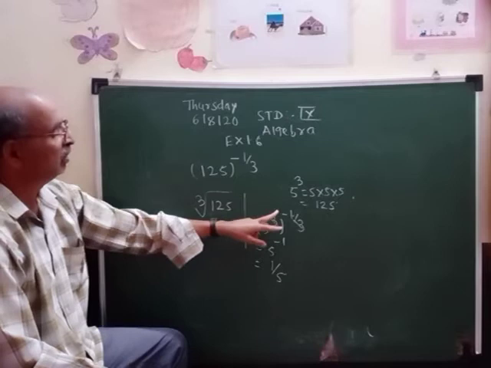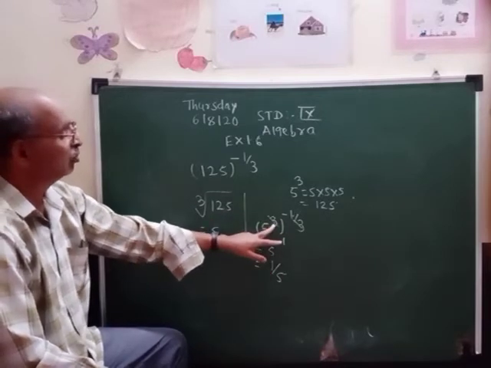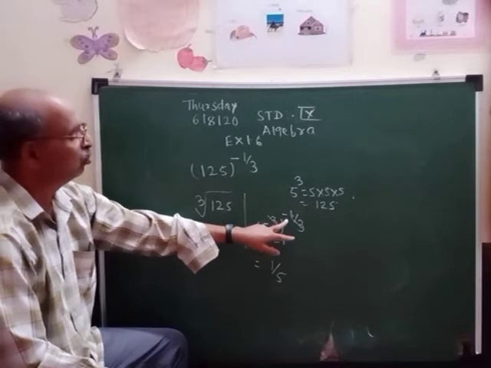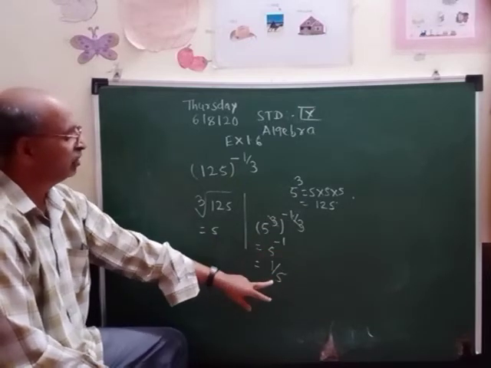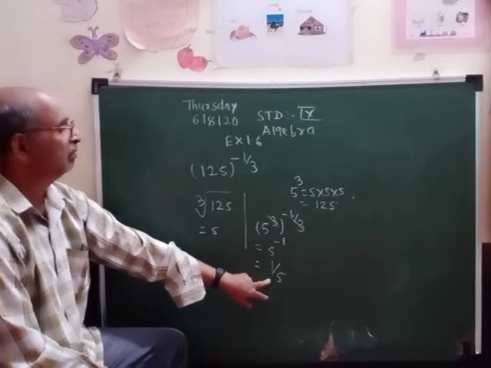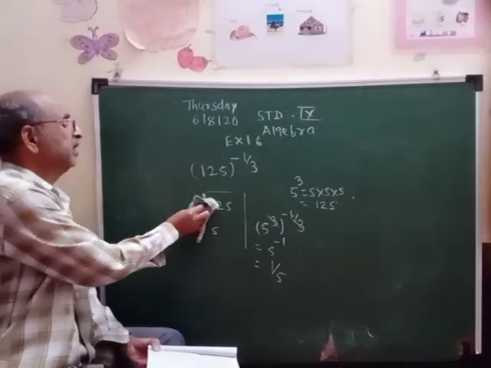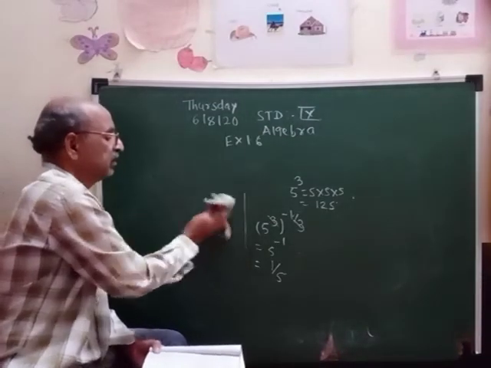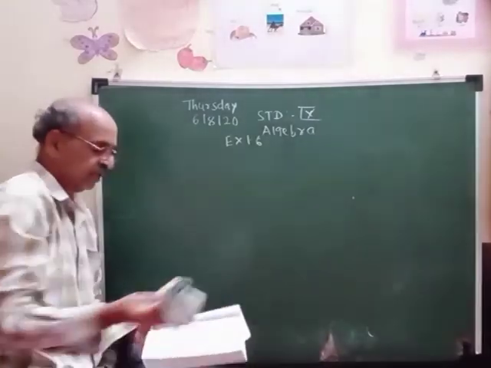Then 5 raised to 3 raised to minus 1 upon 3. 5 raised to minus 1 comes, because this is power of power. So 3 into minus 1 upon 3 is minus 1. And the negative index we change to positive. So the answer will come 1 upon 5. So in this way we can solve the examples based on rational numbers by using the laws of exponent.